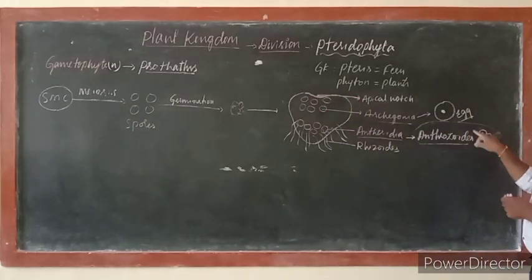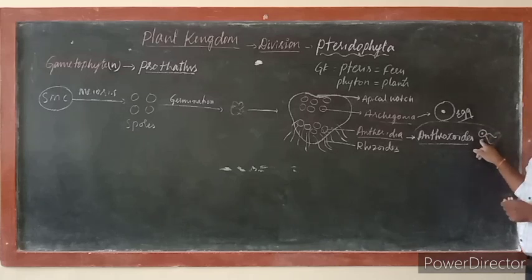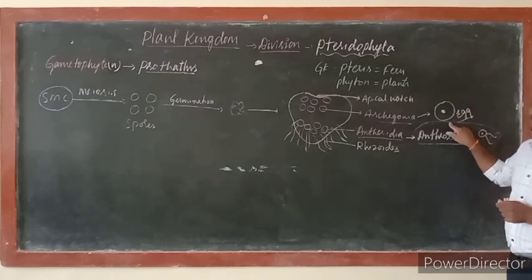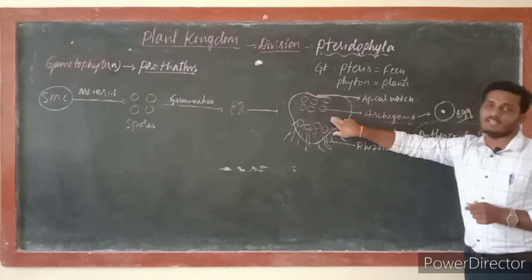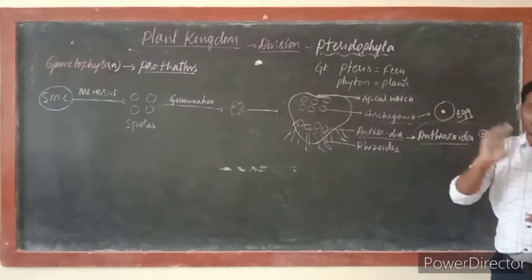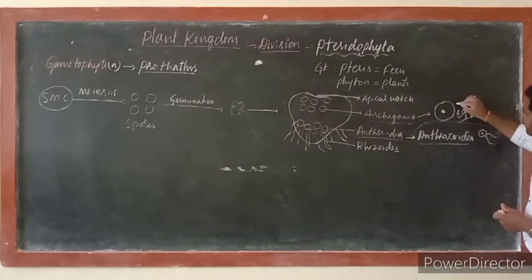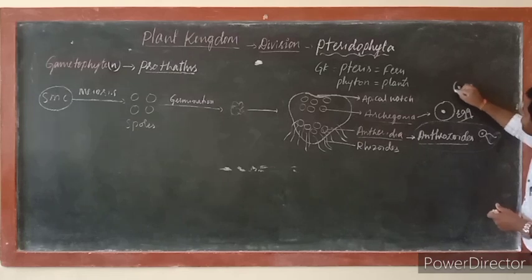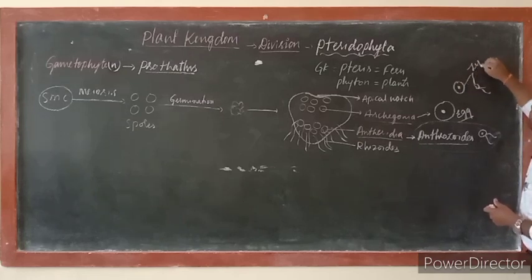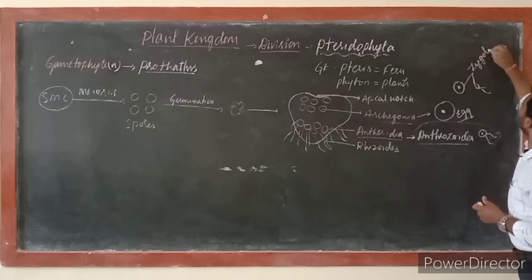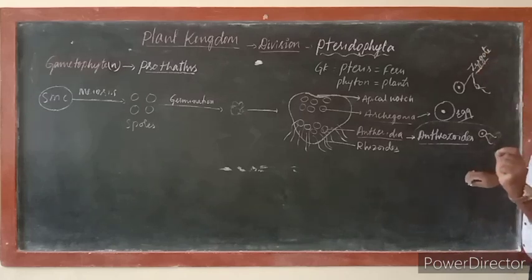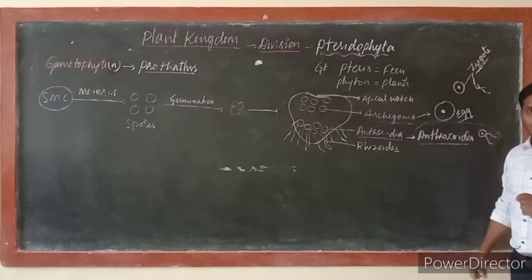They enter the archegonia and fuse with the egg cell. The fusion of the biflagellated antherozoid with the egg in the archegonia is called fertilization. After the fusion of egg and antherozoid, a zygote is formed. Zygote is the product of fertilization.